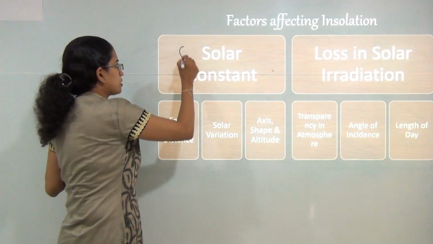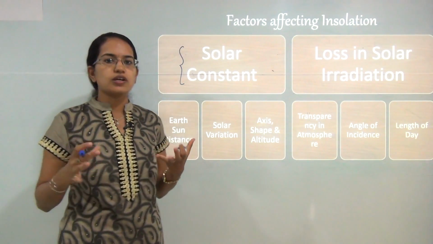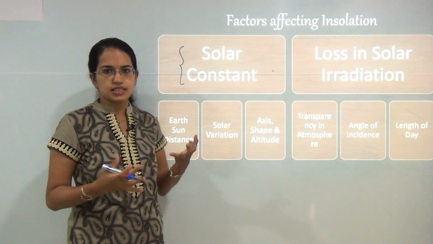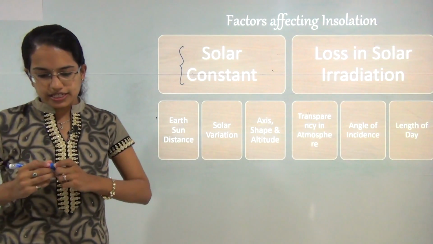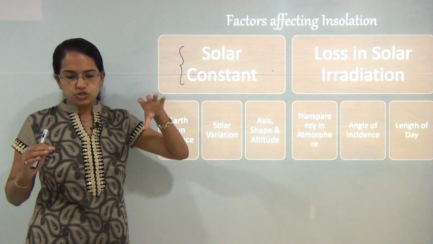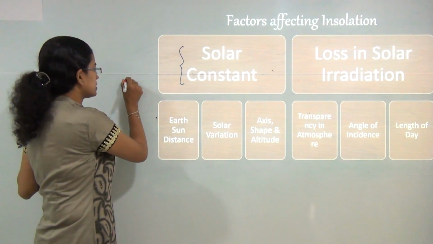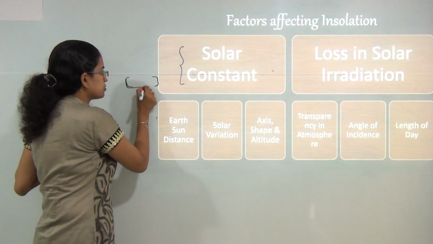When I say solar constant, how do we understand it? Solar constant is a measure of flux density, which means the mean solar radiation per unit area that is falling into a region has to be determined.